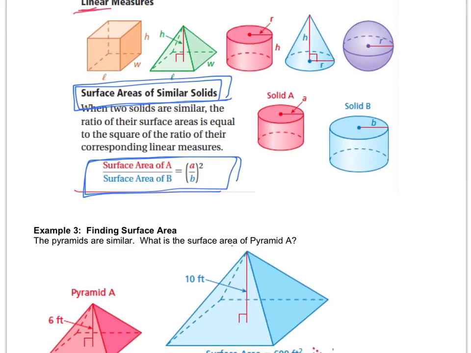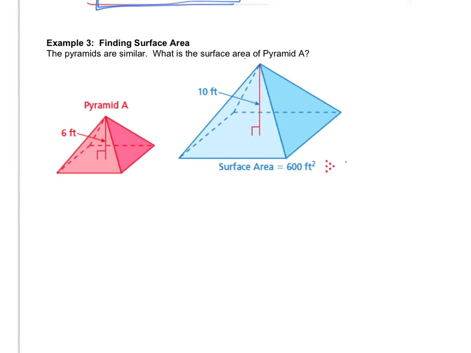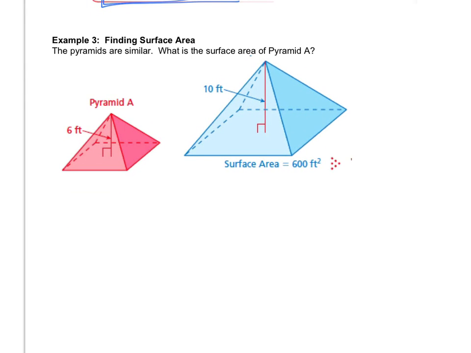So let's use this in practice. We have to find the surface area. They tell us that these two pyramids are similar, and we have to find the surface area of pyramid A. Luckily you don't need to know the formula for the surface area of a pyramid.